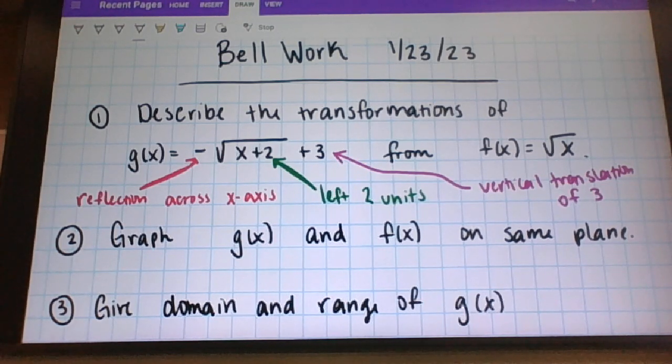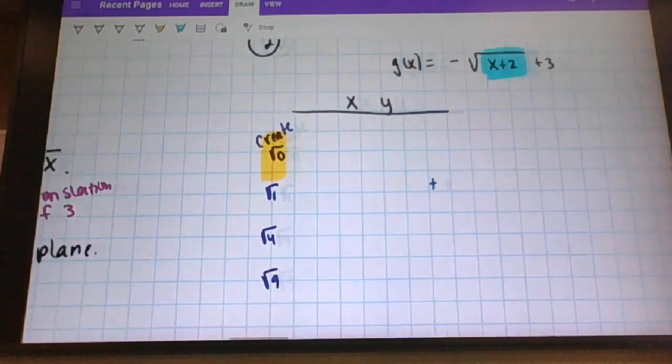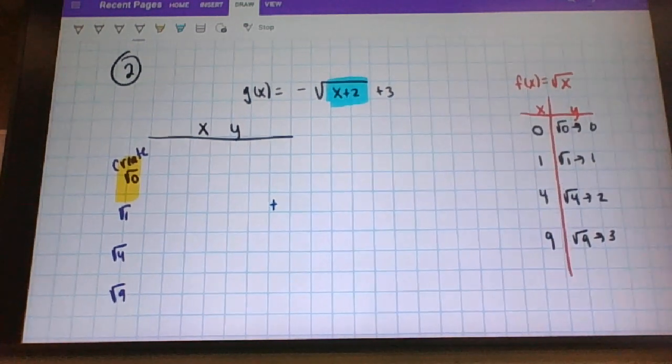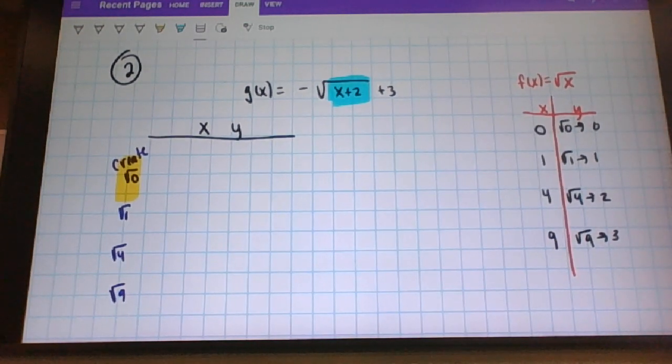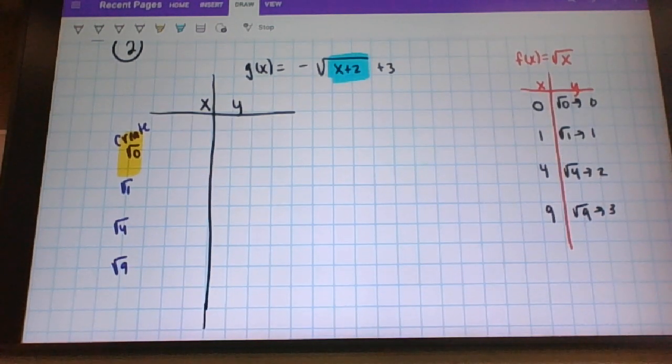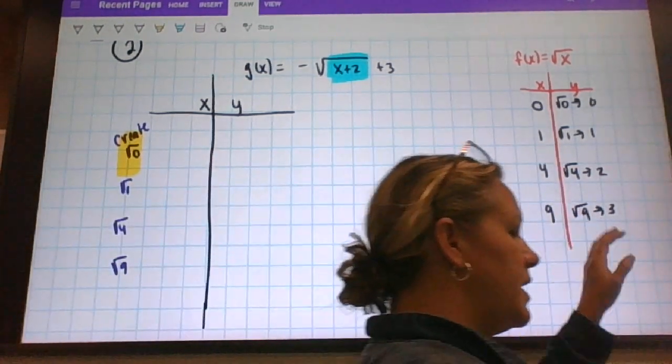All right, so I'm going to help you make a table. Dive right in if you got it, but I'm going to make a table here. There's a lot of different ways to understand this table, but we'll break down one way right now. So here's the parent function table.